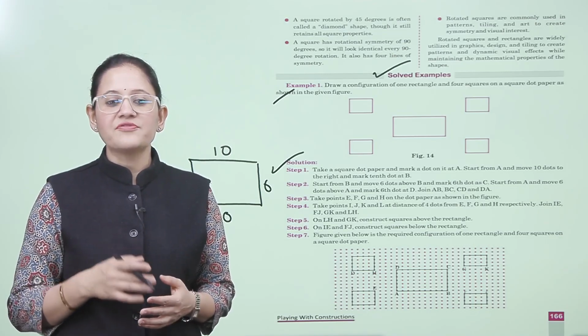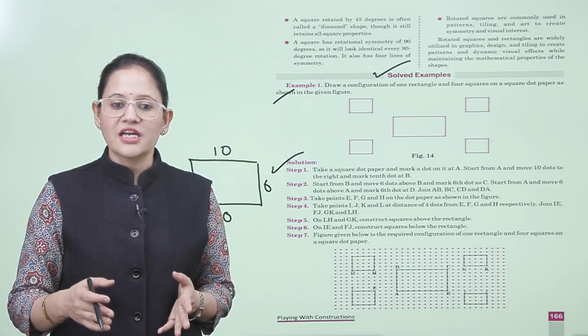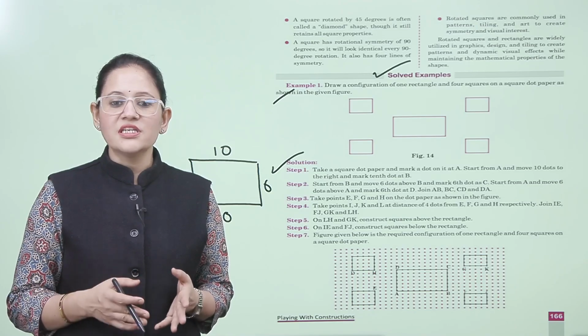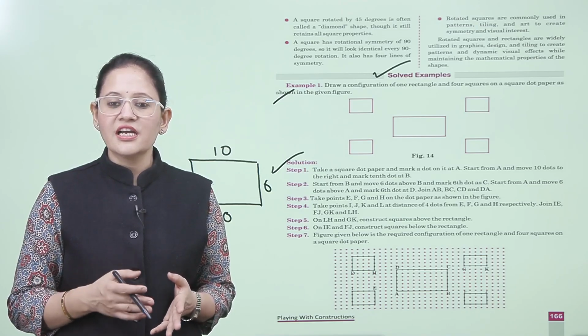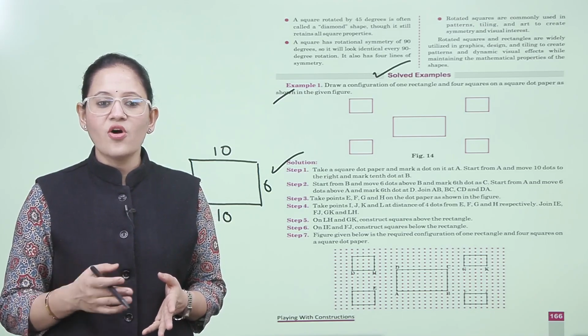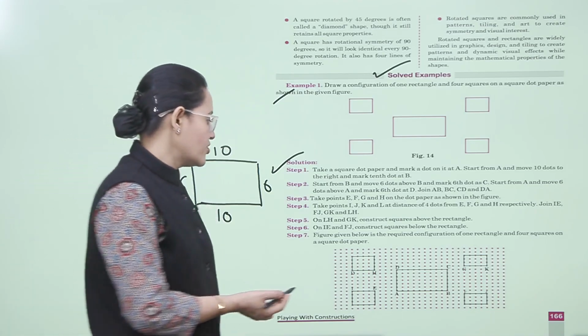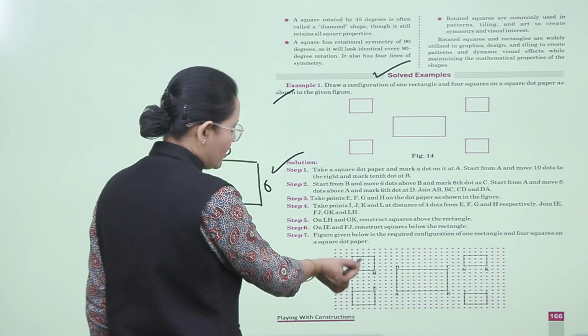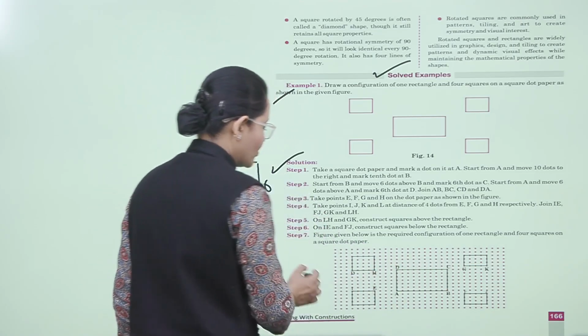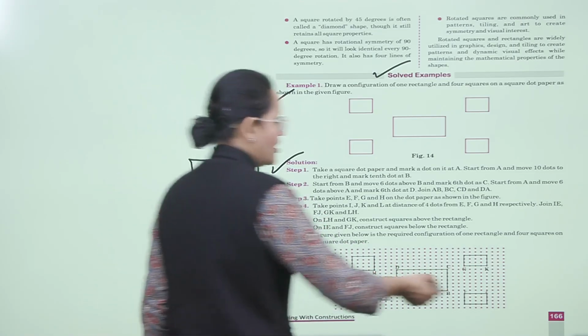On I, E and F, J, construct squares below the rectangle. The figure given below is the required configuration of a rectangle with 4 squares on the square dot paper. So, like this we can draw one rectangle and 4 squares on the square dot paper.